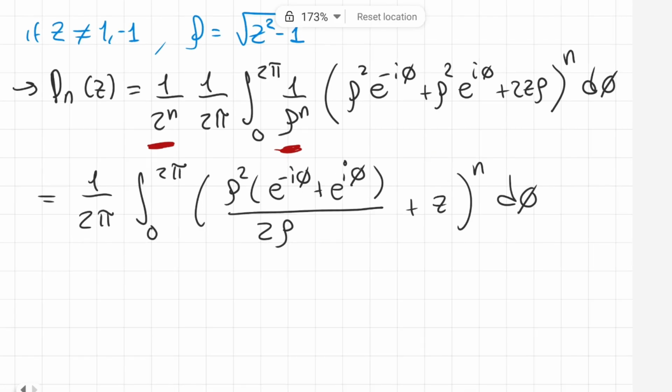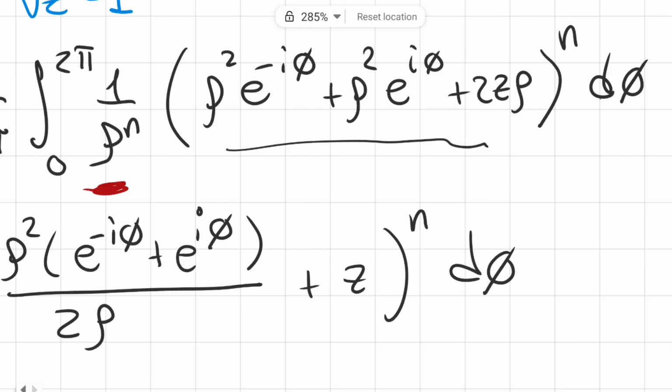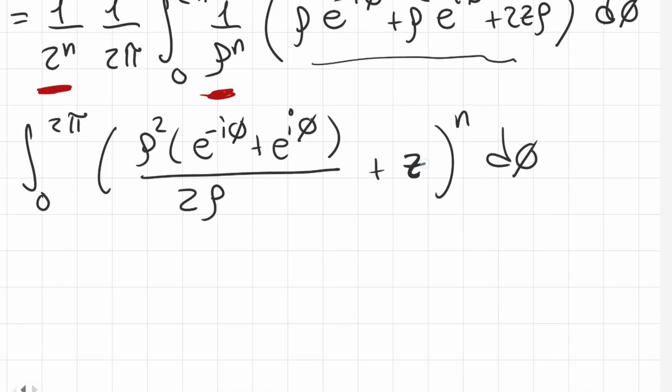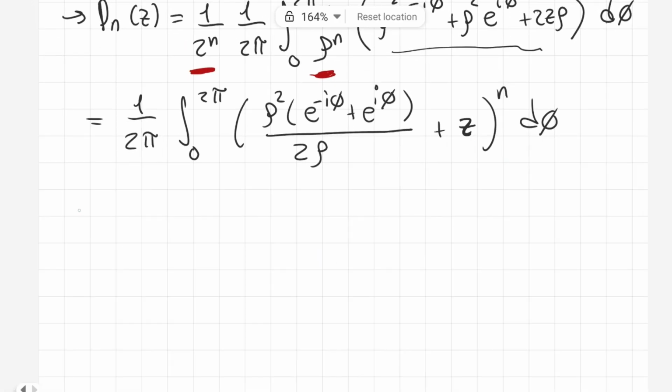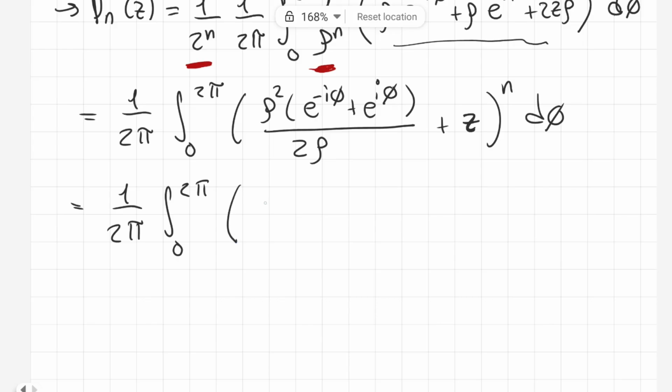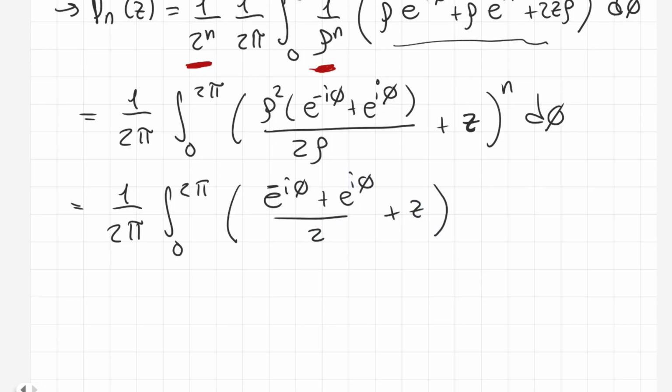Right, and recall that when we take these 2 rho inside these parentheses, we can cancel that with these 2 rho that we have here to get only z here. Perfect. So this is going to be 1 divided by 2 pi, the integral from 0 to 2 pi, and then we will have e to the i phi, e to the minus i phi, right? Plus e to the i phi divided by 2 plus z, and then raised to the n power.